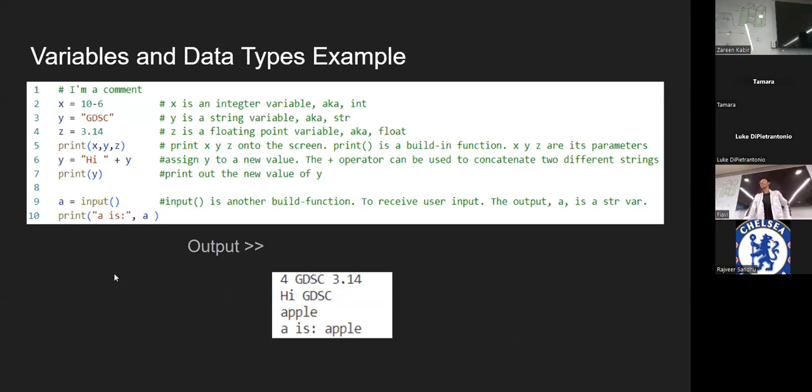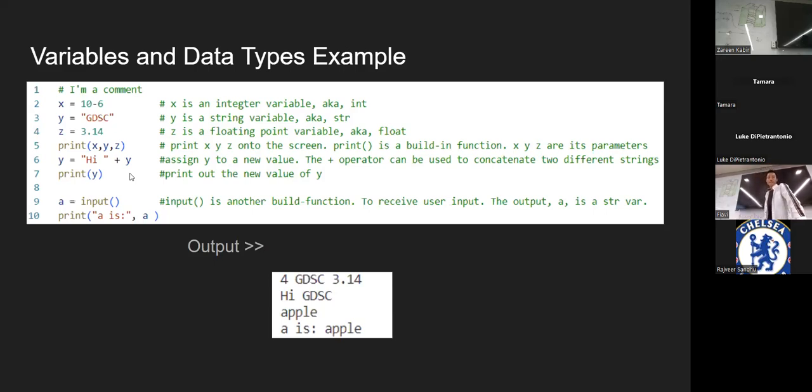You can see that is the first line of the output. I assign y into a new variable, which is hi plus the original value of y. That means we can use the plus operator to easily connect two strings together. That's a pretty cool and handy feature of Python, and we can use that a lot.